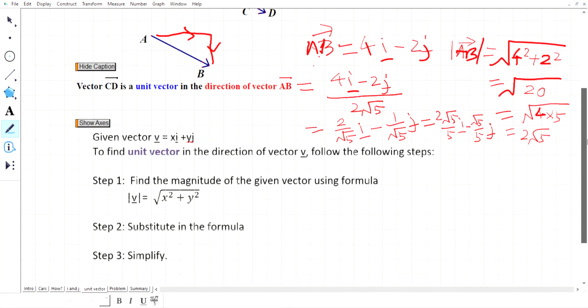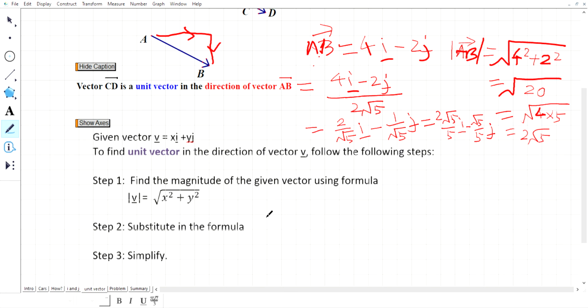In conclusion, given vector v in terms of vector i and vector j, that is xi plus yj, to find the unit vector in the direction of vector v, follow these steps. Step 1, find the magnitude of the given vector using this formula.